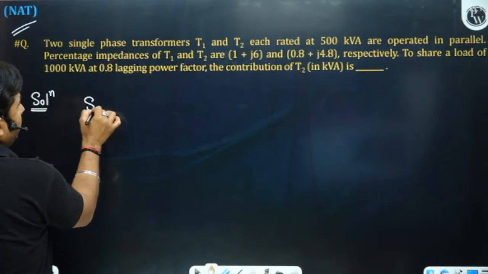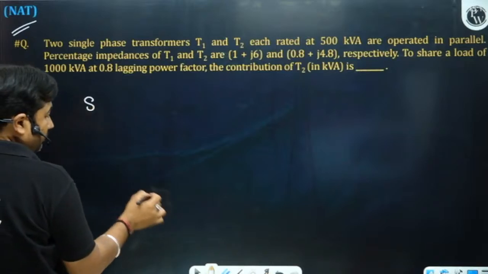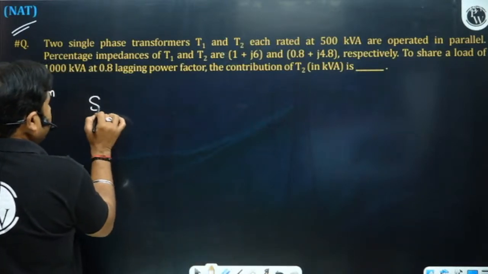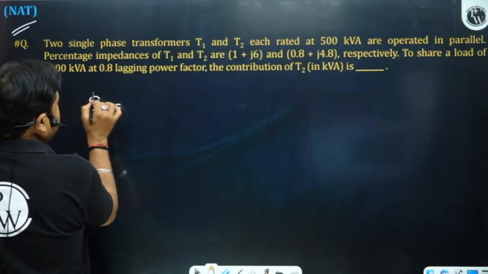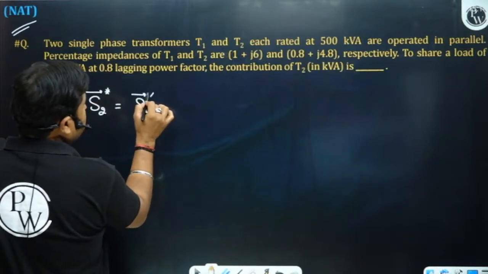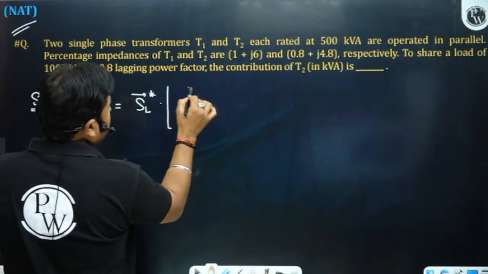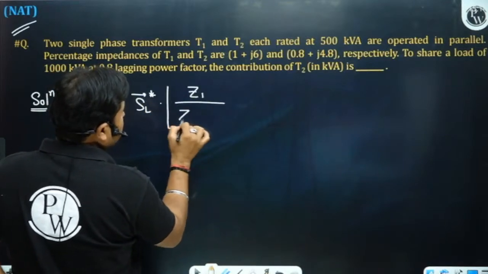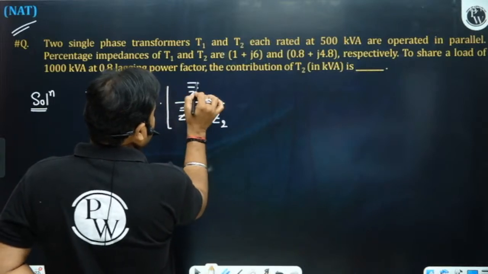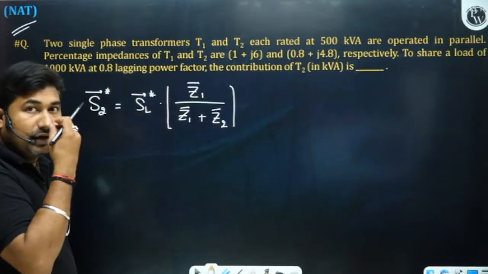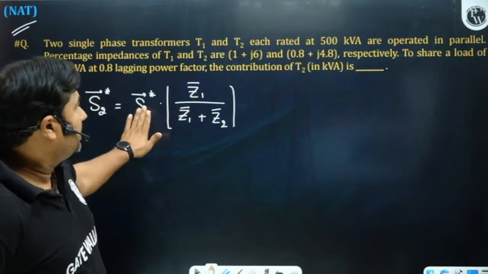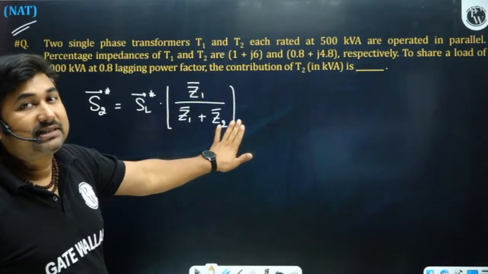KVA shared by transformer 2, we all know, is SL conjugate multiplied by Z1 upon Z1 plus Z2. Hoping all of you are able to recall this. KVA shared by transformer A is SL conjugate into ZB upon ZA plus ZB.